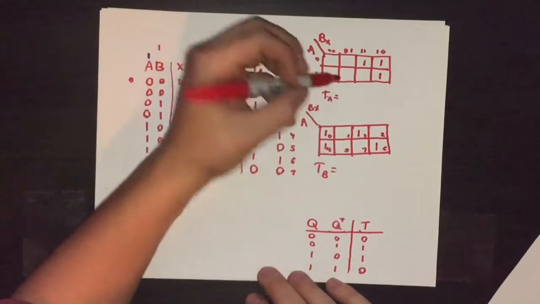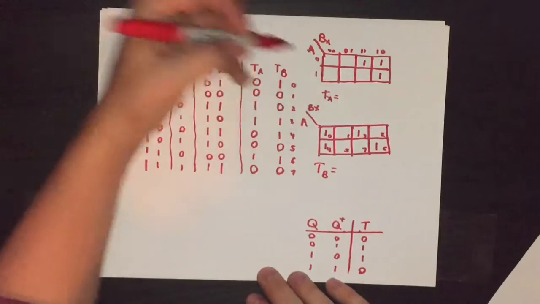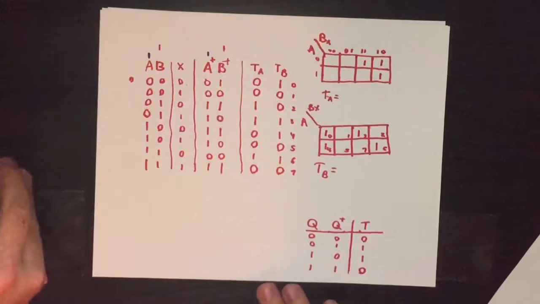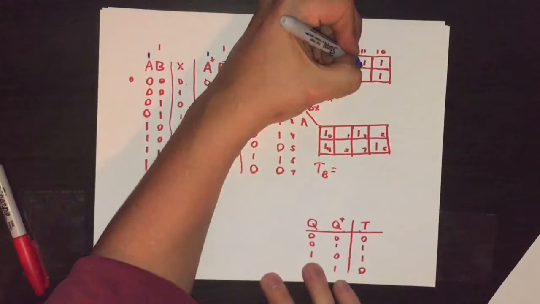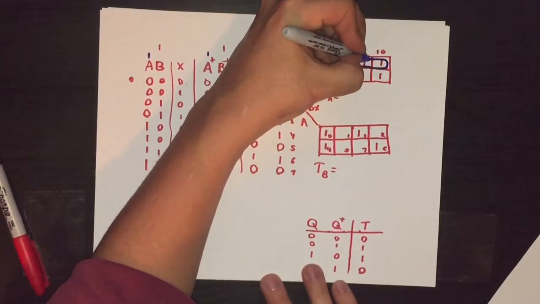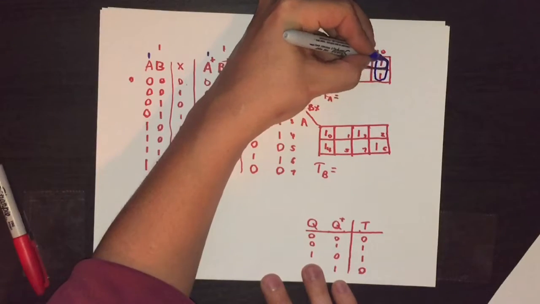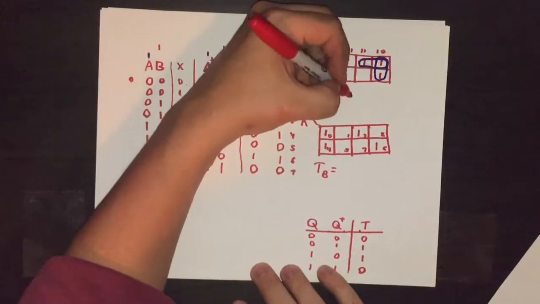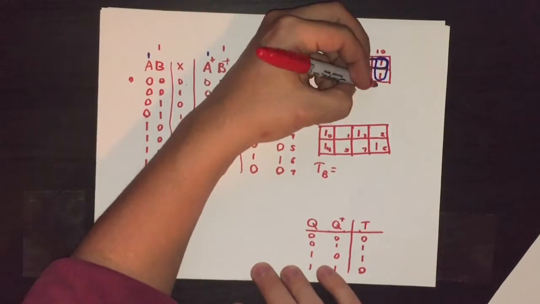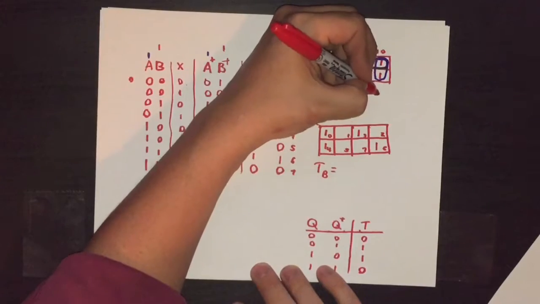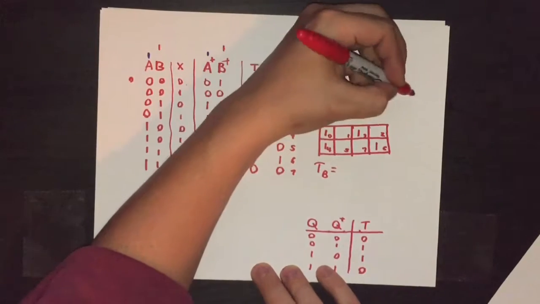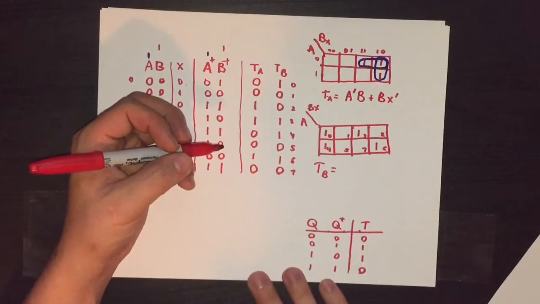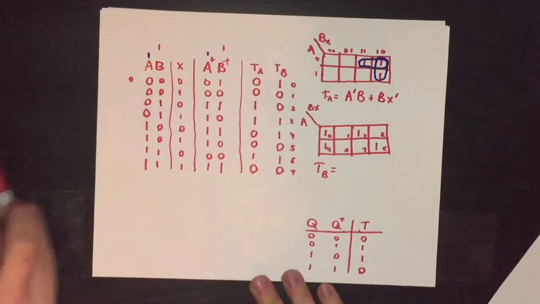Alright, now let's do the TA flip-flop. I think the only circles we can get here are right there and right there. So that is A naught B plus B X naught. Okay, now let's go to TB.